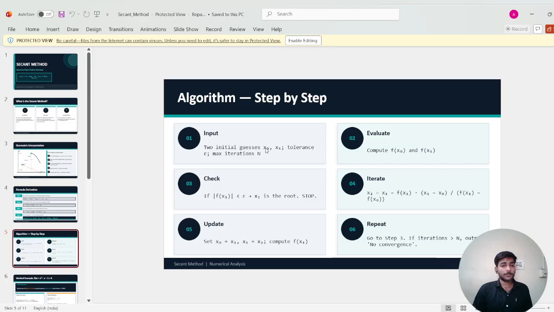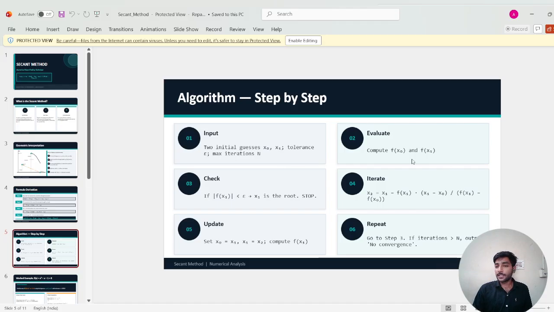First of all we will assume the values of x0 and x1, and the maximum iteration means how many iterations we want to perform. This is the maximum, and over this we don't need to repeat our program.